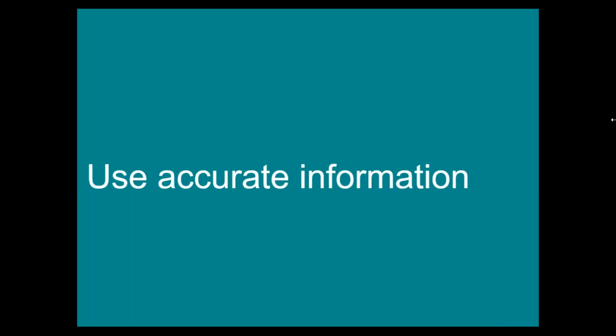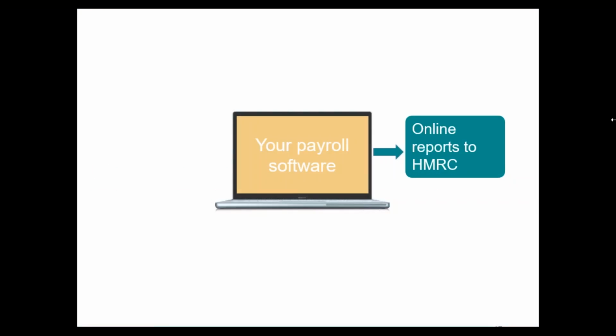Now, it may sound obvious, but it is important to use accurate information and complete the correct boxes in your payroll software. Your payroll creates reports which you then send online to HMRC.